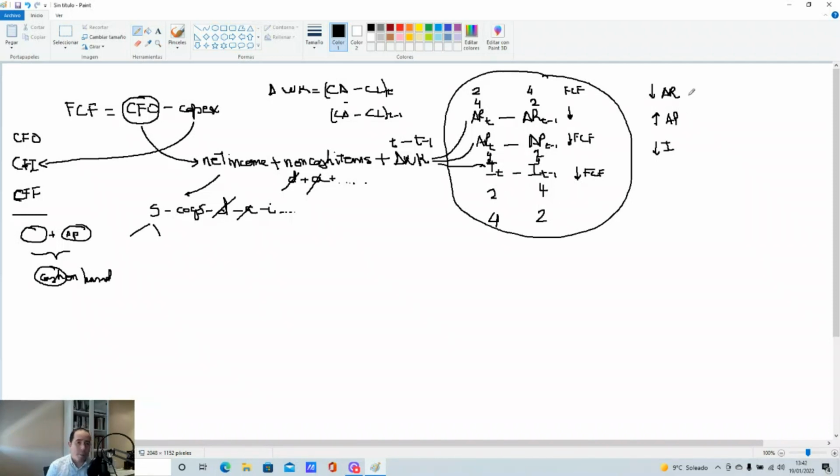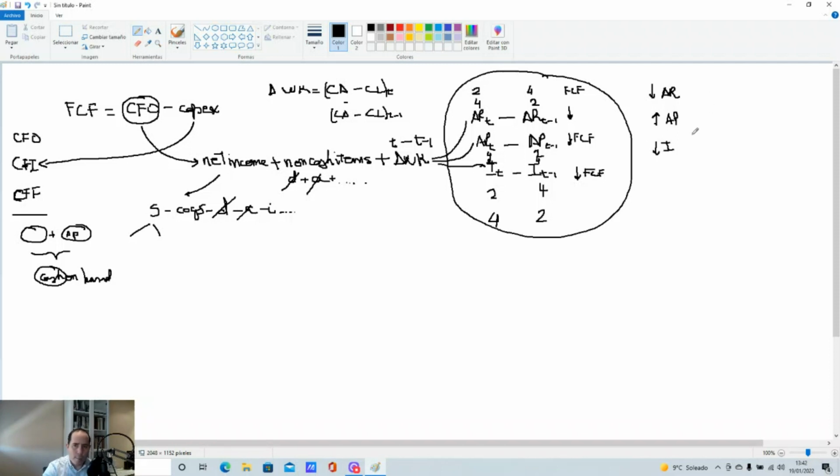So if the company has certain power to deal with its customers, because the customers consider that the products and services offered by the company are really competitive, are really good, and extremely necessary for the clients, I think that in this scenario, the company will have the power to negotiate, and in that way the company could push down its account receivables. Okay, which of course will reinforce its free cash flow.